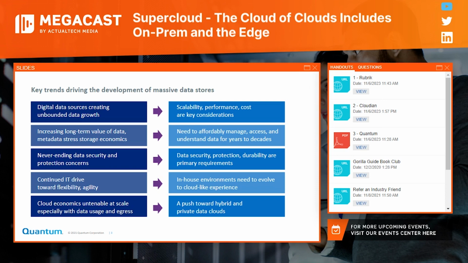And lastly, with the large data growth that is occurring, the cloud economics become untenable, especially when we're trying to move data around, because the cost of storage within any one cloud can get very expensive. So there's a push toward hybrid and private data clouds or storage clouds. That's one of the topics I want to talk to you about today. Next slide, please.